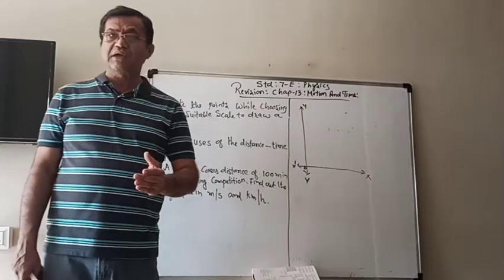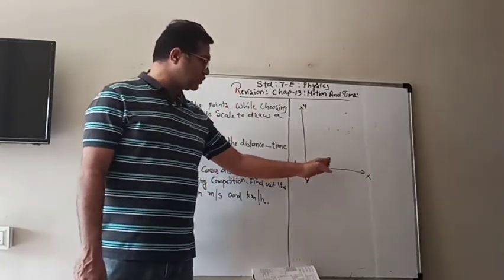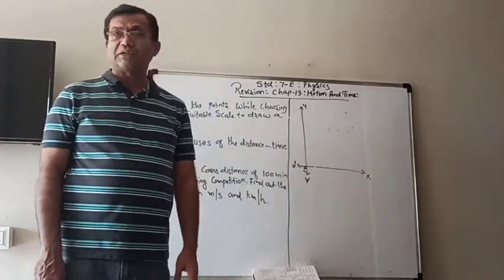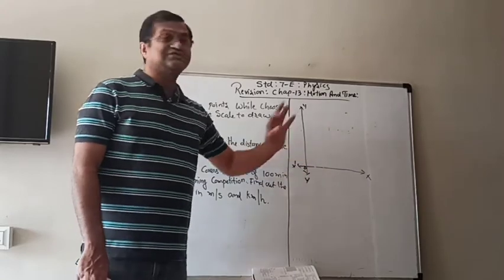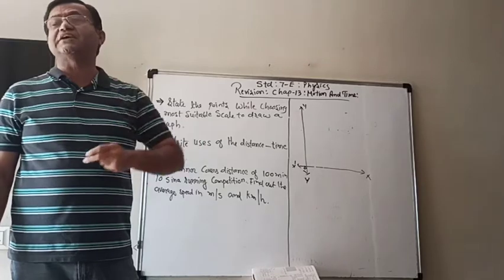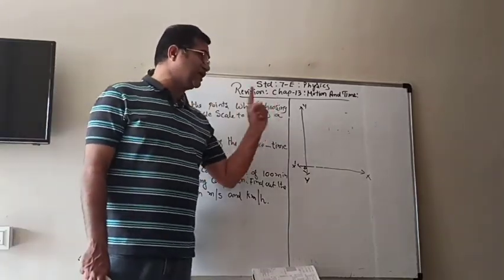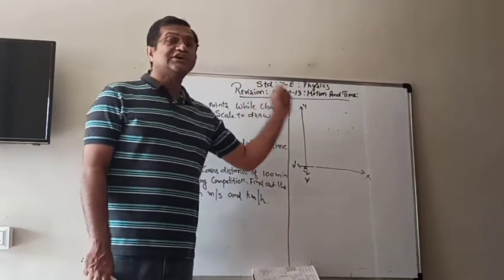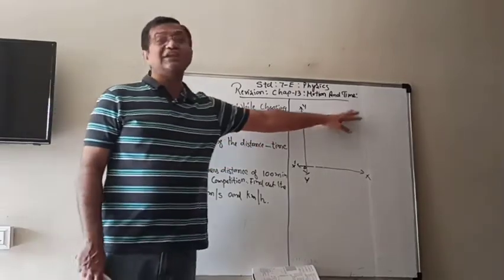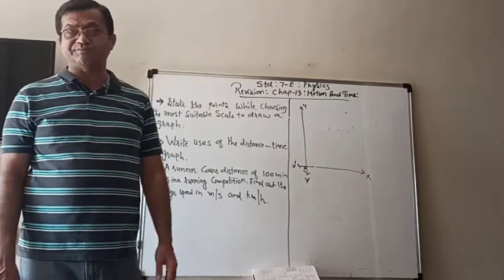Second thing is the intermediate values of each quantity. Intermediate value means if you choose only time, like 8 o'clock, 9 o'clock, 10 o'clock, what comes in between should also be mentioned properly so that you can easily understand the graph. And third, you have to utilize the maximum part of the graph.